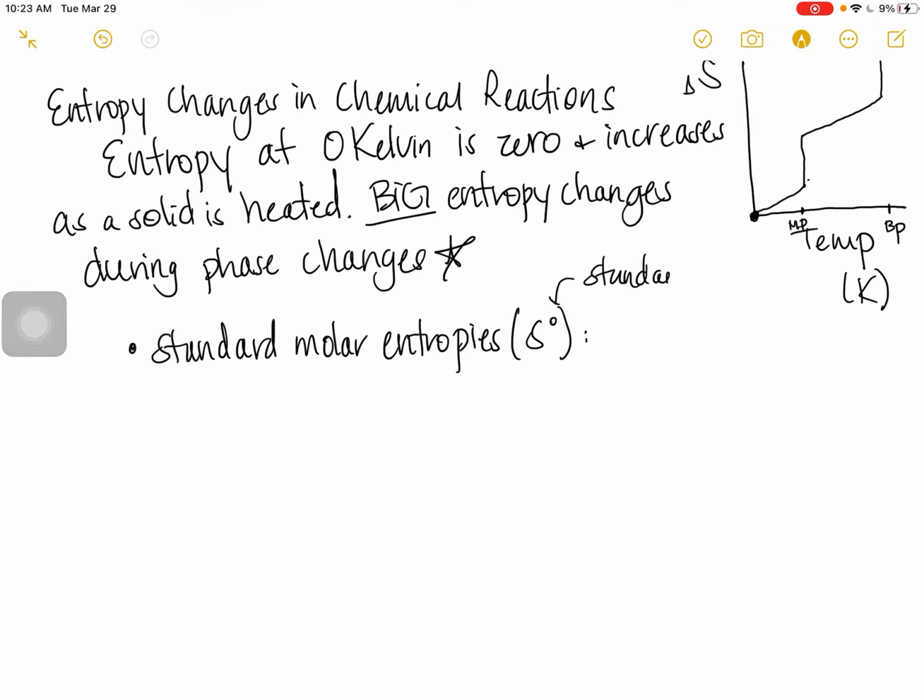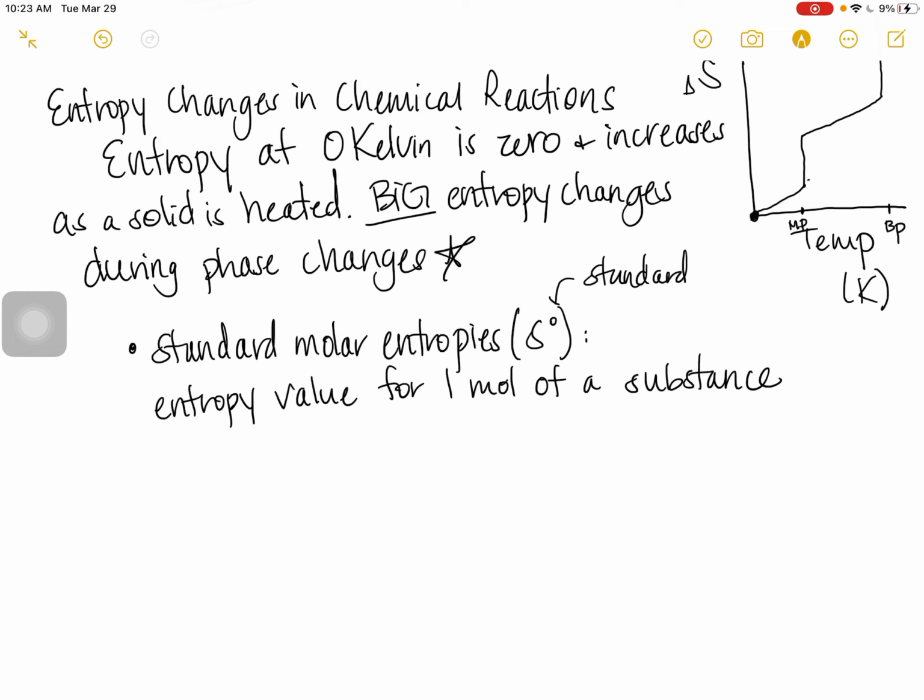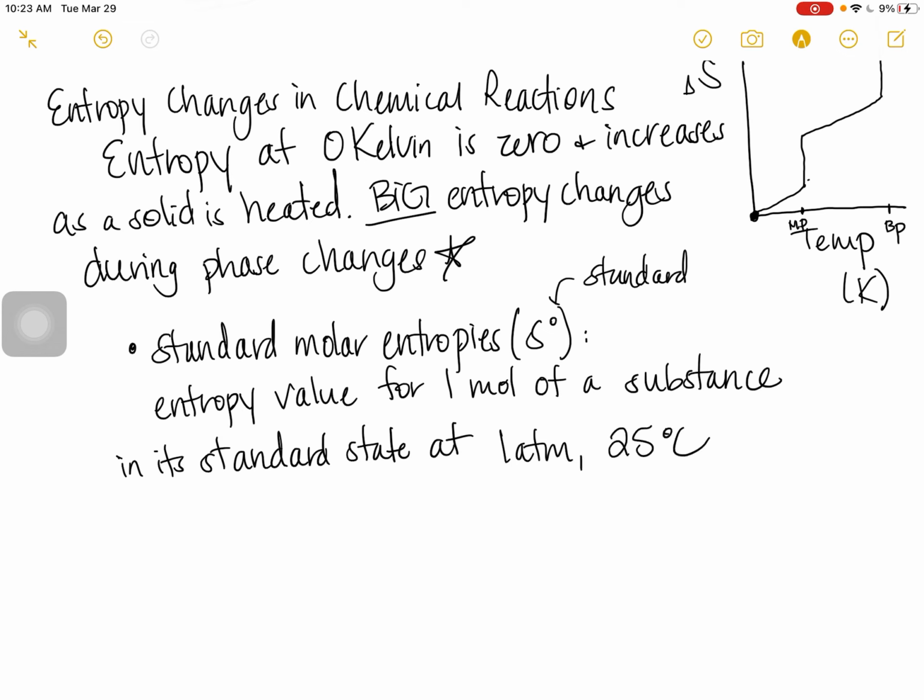And we've seen this before with delta H. Okay, so the standard molar entropy is defined as the entropy value for 1 mole of a substance in its standard state at 1 atm and 25 degrees Celsius.